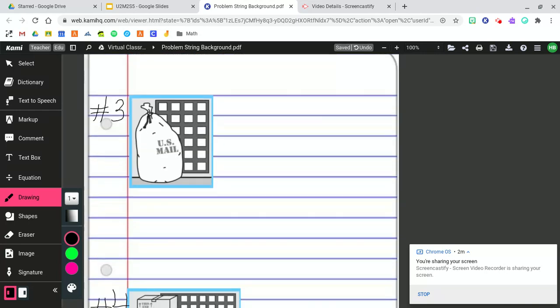Oh man, there's something in the way. But I know that I can look on the other side for my rows and my columns. So what I'm going to do is label my rows 1, 2, 3, 4. There's 4 rows. Then label my columns 1, 2, 3, 4, 5, 6. So my equation is 4 times 6.